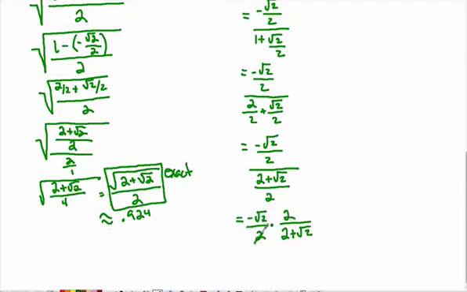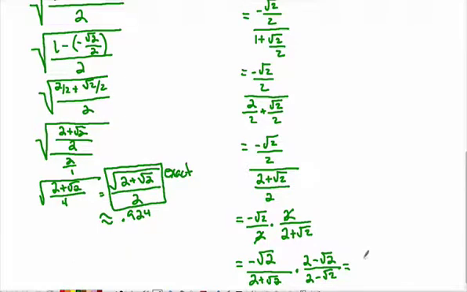And these cancel out. So now I have negative root 2 all over 2 plus the square root 2. Well, we don't really like that radical in the denominator, so we're going to multiply by the conjugate, which would be 2 minus root 2.